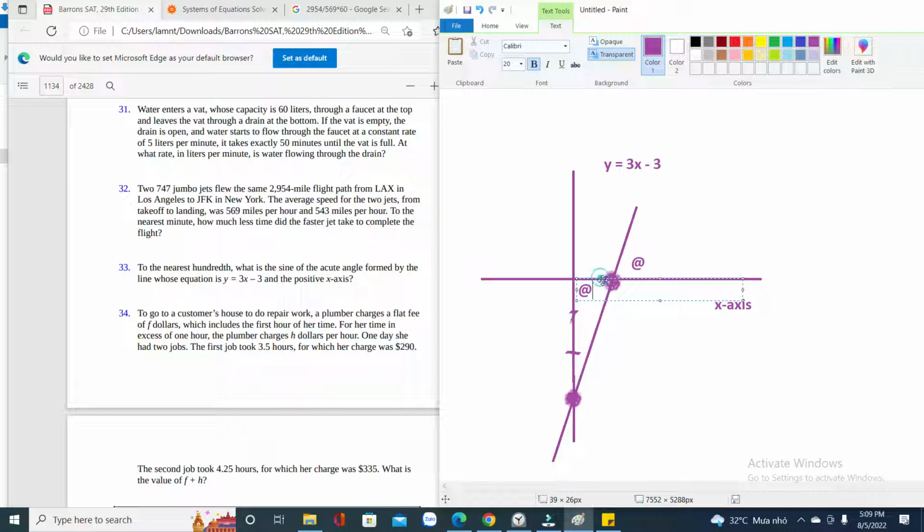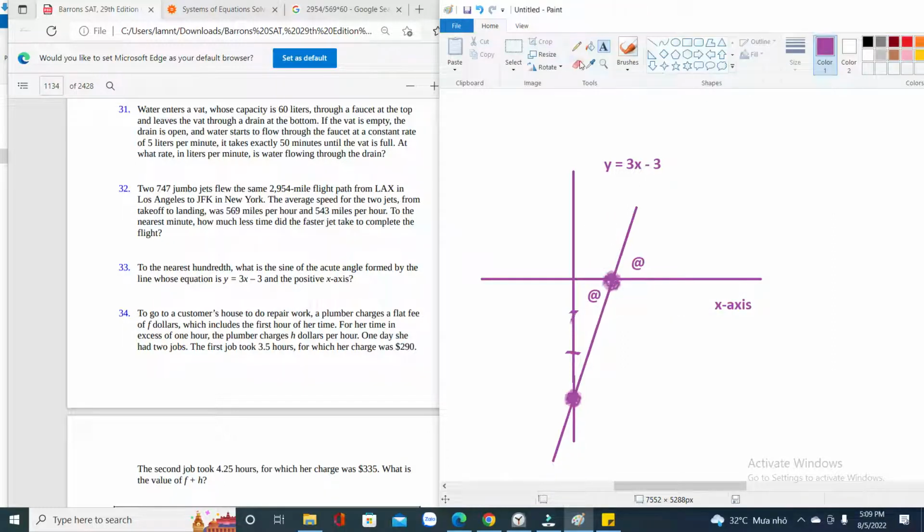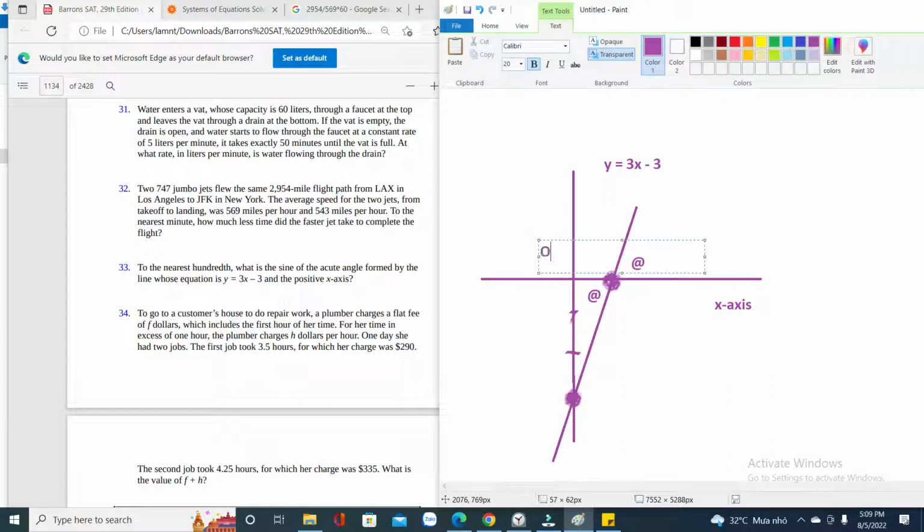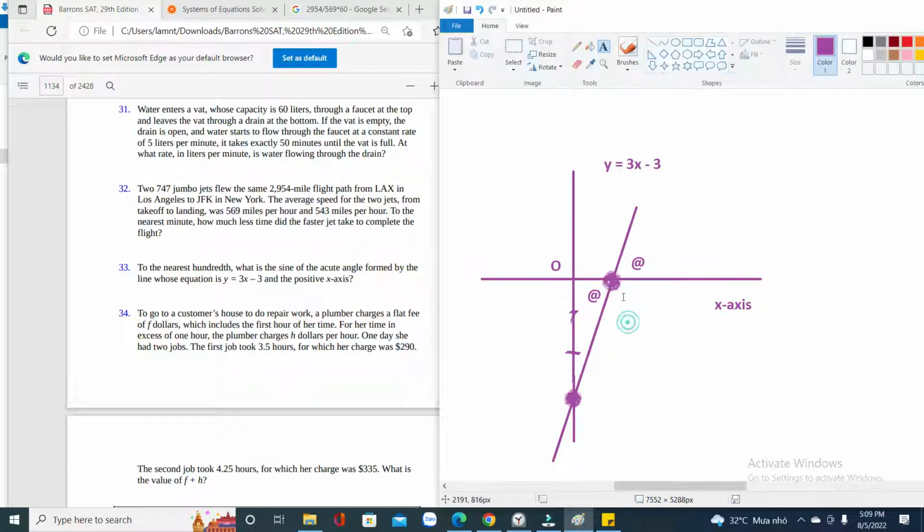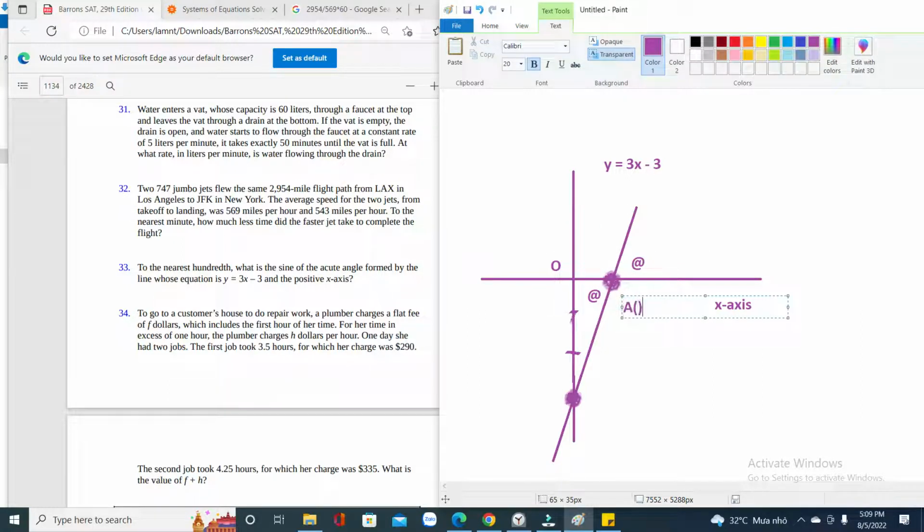So let's name the points here. Let's call this O. Let's call this A, and we know the coordinate of A is 1, 0 because it's the intersection of the line with OX, and we call this B. We know the coordinate of B is 0, minus 3.